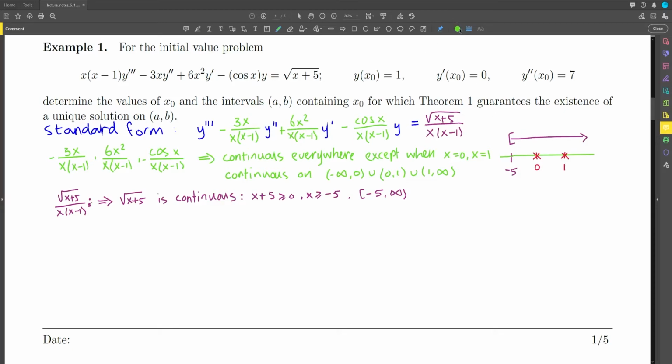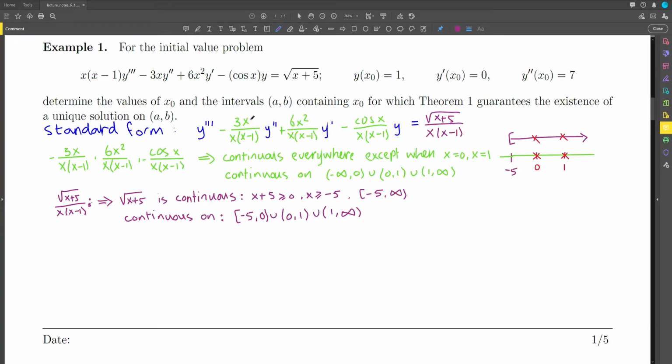What we see is when we cross out those two values at 0 and 1, we get the interval, so the entire function is continuous on negative 5 to 0, right? That's this interval. And then union 0, 1, union 1 to infinity.